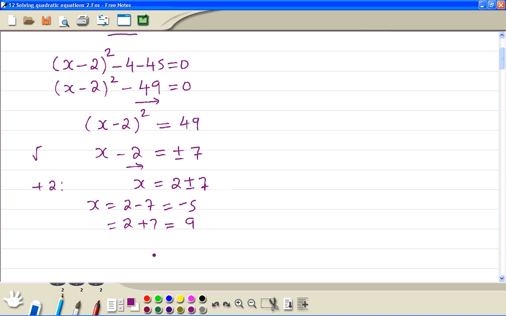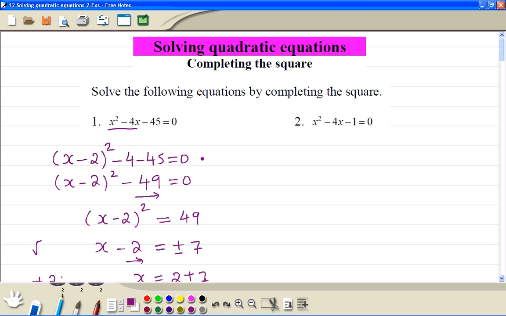So we got two answers. x is equal to minus 5 or 9. So these two numbers add up to 4. That would always match this number here in the middle.